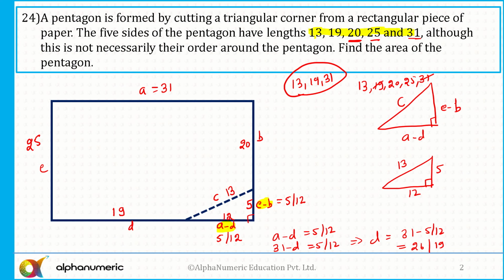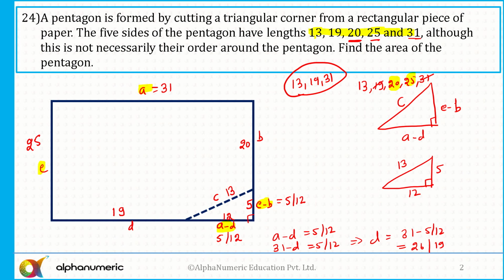Now what about this case? Let's say this side can be either 20 or 25. You can try with 20 and it can be negated, as well as 25. But the point here is that out of these 5 sides, two of the sides, one of them is going to be the length and the other one is going to be the width, like A and the other one E. The length is going to be the longest value, so A is definitely 31.